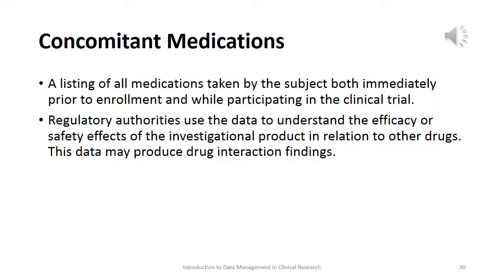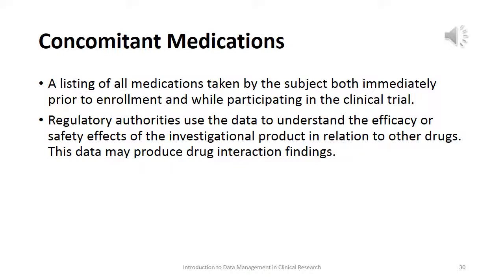Concomitant medications. This page lists all medications that the subject has taken both immediately prior to enrollment and while participating in the clinical trial. So they may have chronic conditions that they're taking certain medications for, and we're going to record those, or the site is going to record those on the concomitant medications page.